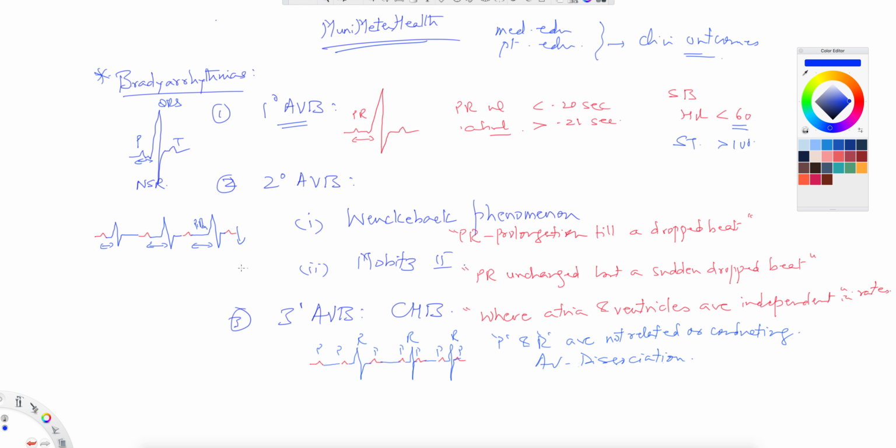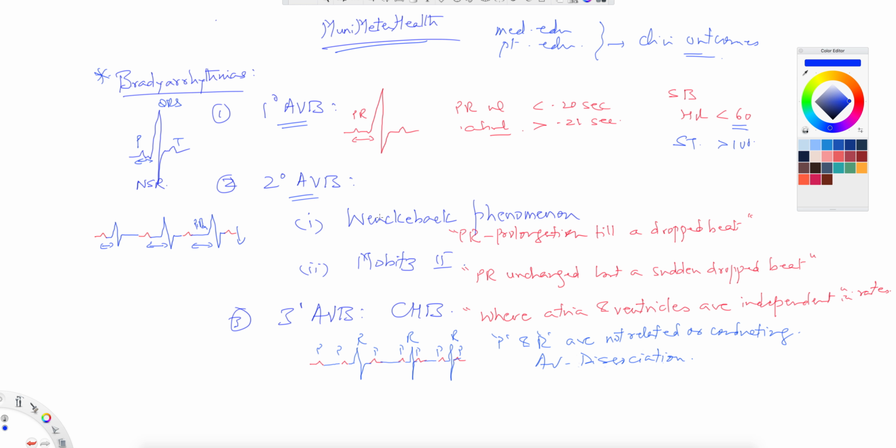That gives you a rough idea of where the PR interval is. Normally it should be less than 0.2 seconds. When it's more than 0.21, it's considered abnormal, and that is first degree AV block. So that's very simple.